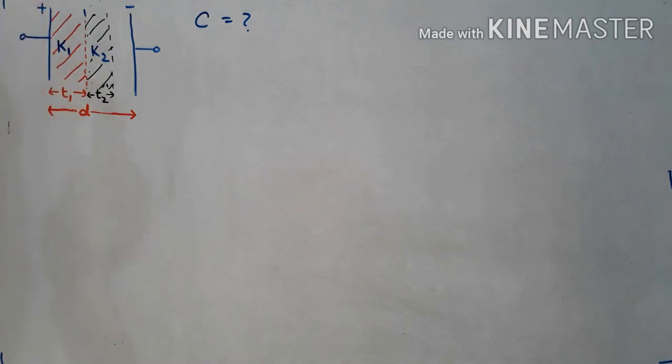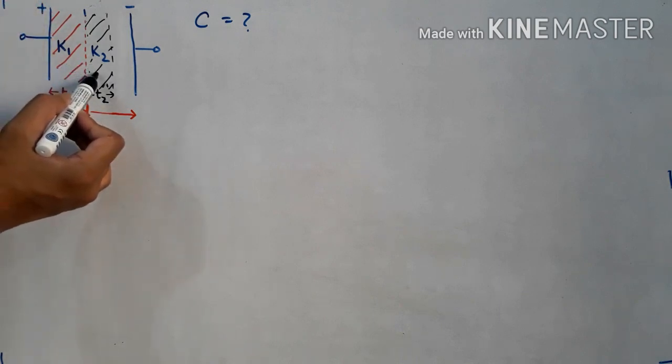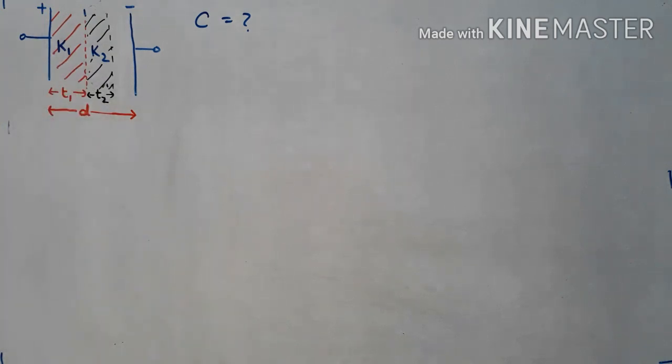The area of the plate is equal to the area of the first dielectric, and that is also equal to the area of the second dielectric. The dielectrics have different thicknesses t1 and t2 and different dielectric constants K1 and K2. We have to find the net capacitance.